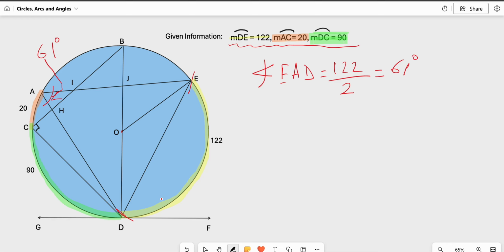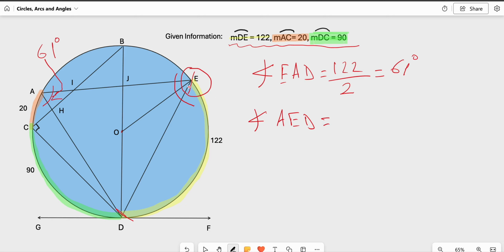All right. Let's see, for example, if I want to find this one, angle AED, this angle here. Let's see.